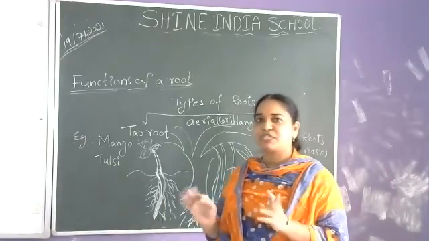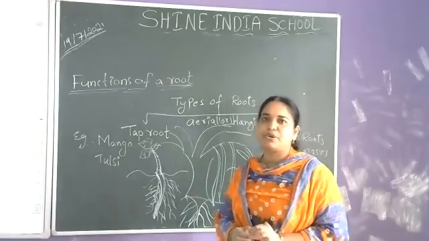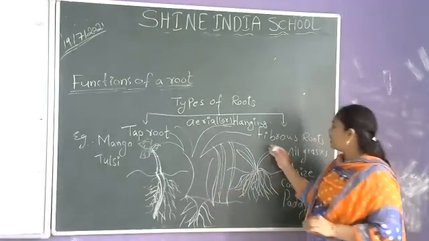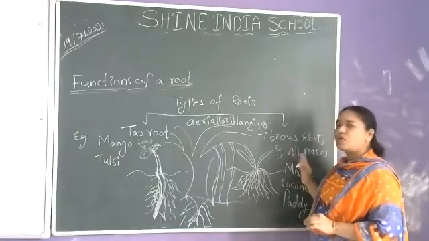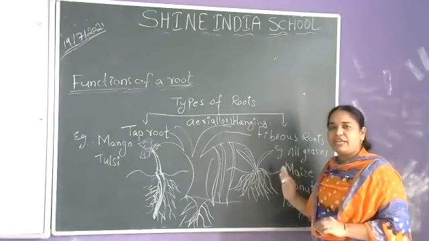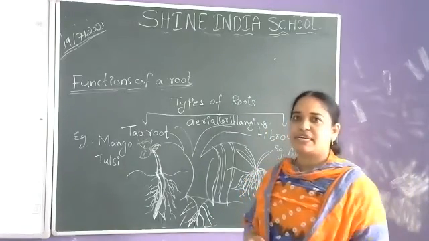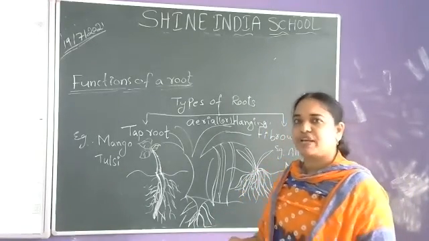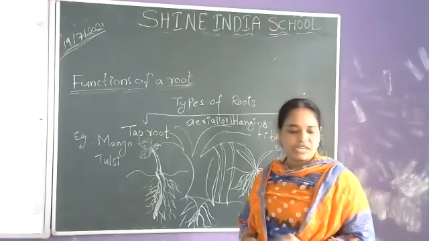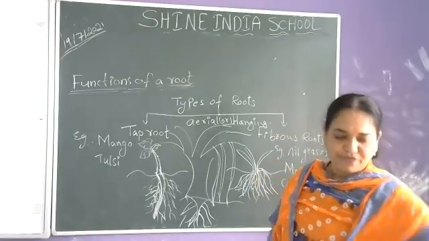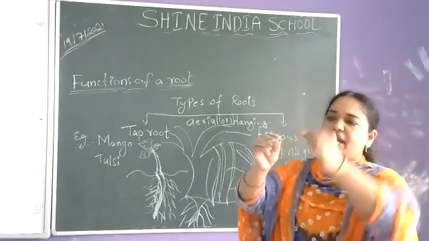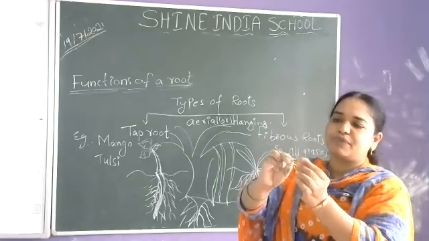Examples are all grasses, wheat, maize, and paddy. I have shown here the example of grasses, which have fibrous roots.